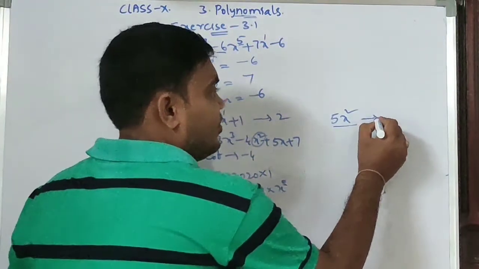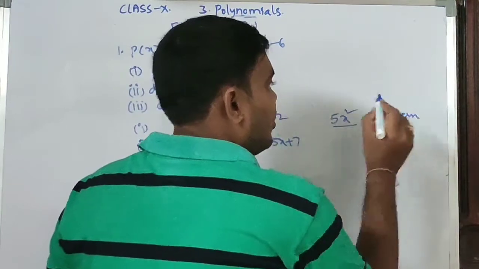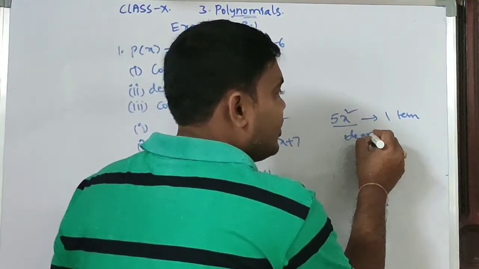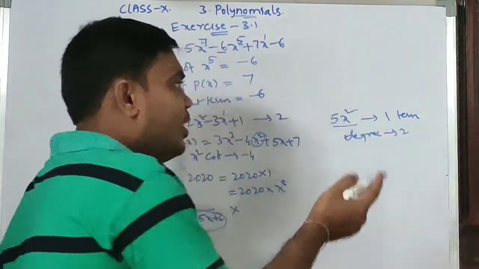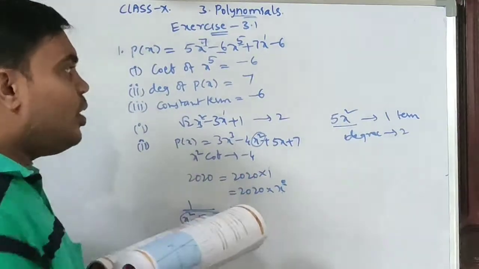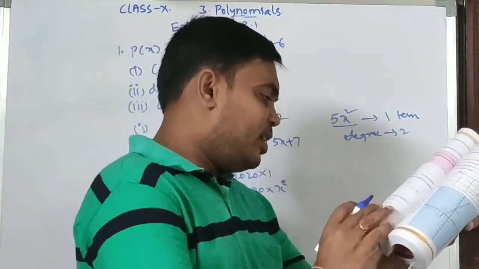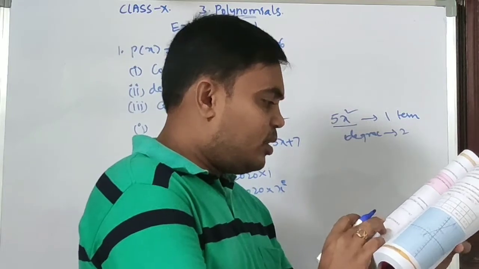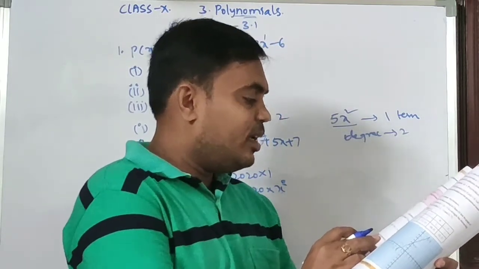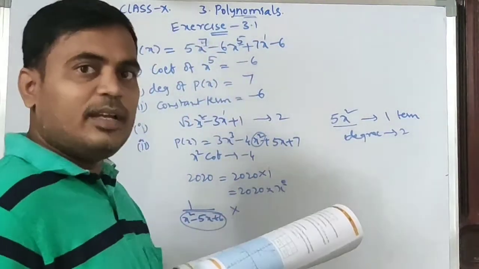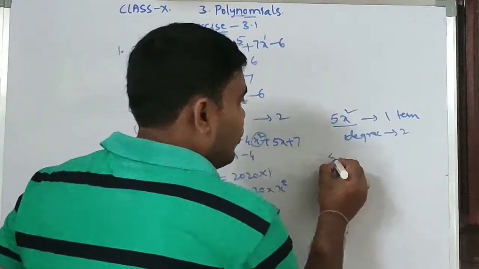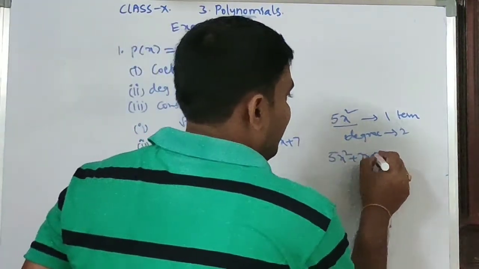One term. Degree 2, and it contains only one term. So the degree of the polynomial is not one more than the number of terms in it. According to this it is correct. So I am taking one more example, 5x square plus 7x plus 1.